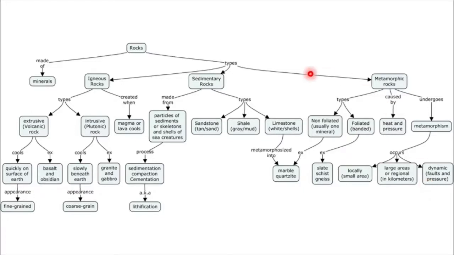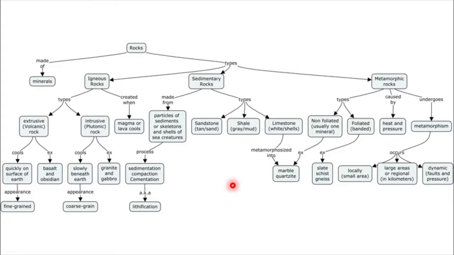Now, rocks also undergo what we call the rock cycle. Metamorphic rock can be turned into sedimentary rock later, while sedimentary rock can be consumed inside our earth, in the magma and mantle, and eventually be spewed out again in the form of lava and magma and become an igneous rock. So the cycle can be in any order.